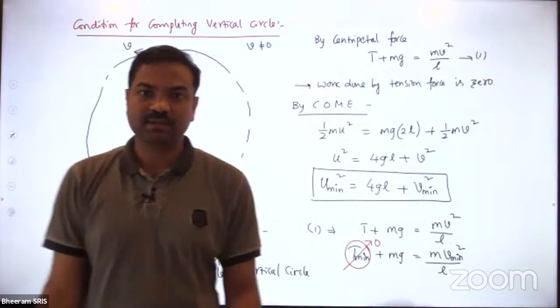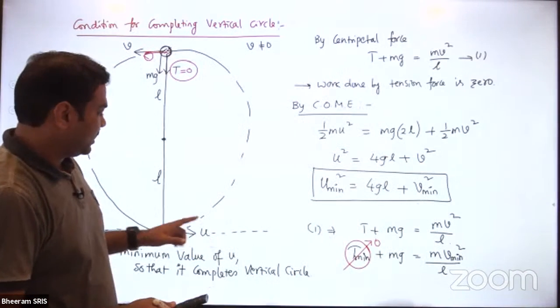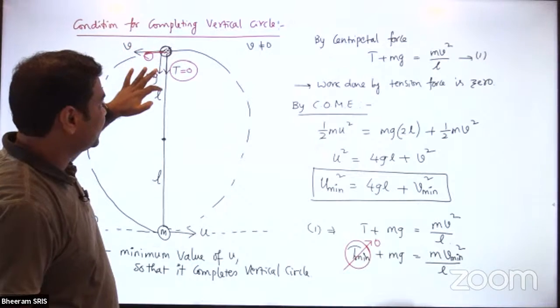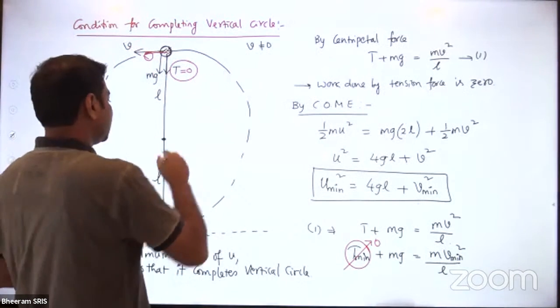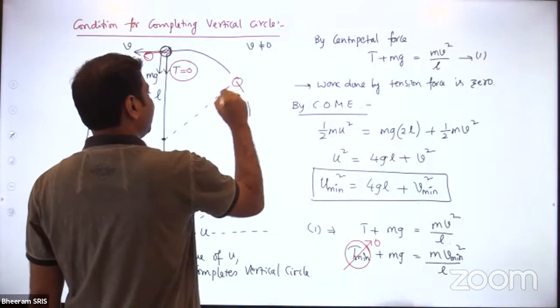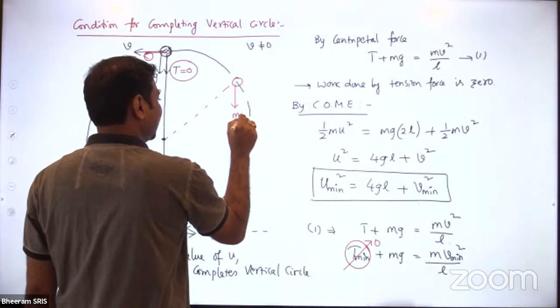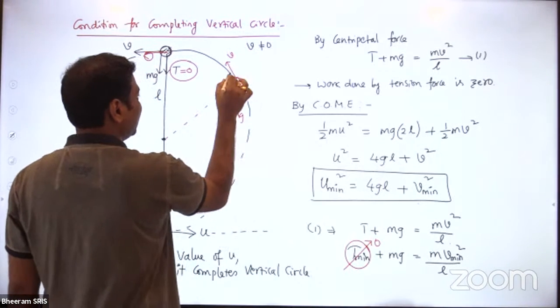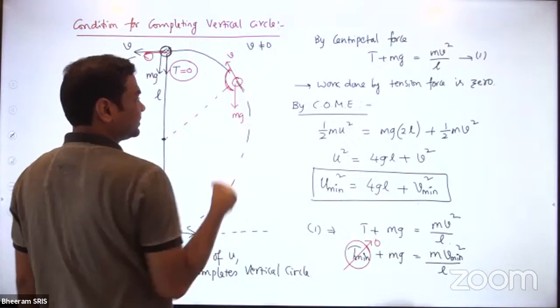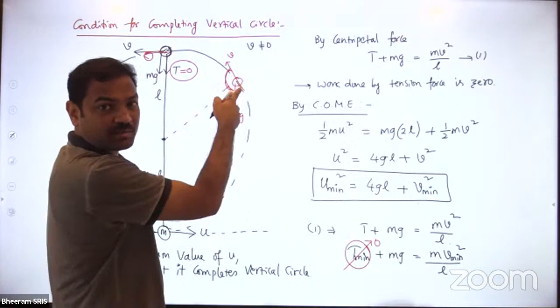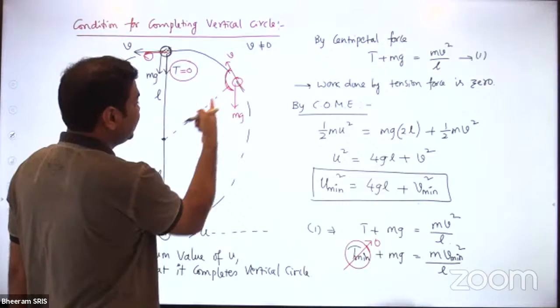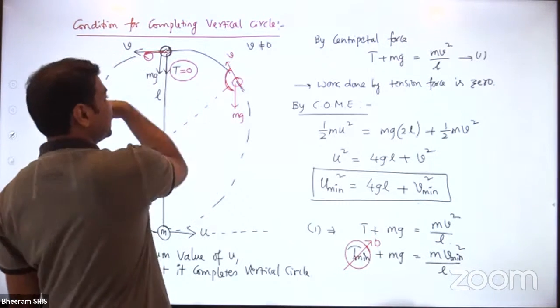All of you understood the reason? I'm repeating once. Listen to me. See, at this place tension can be 0. At the remaining places tension cannot be 0. If I'm taking this place, if tension is 0, then mg is acting in this way and velocity is in this way. Now velocity and mg are not perpendicular to each other. So that's why if tension is 0 here, it won't continue in the circular path.